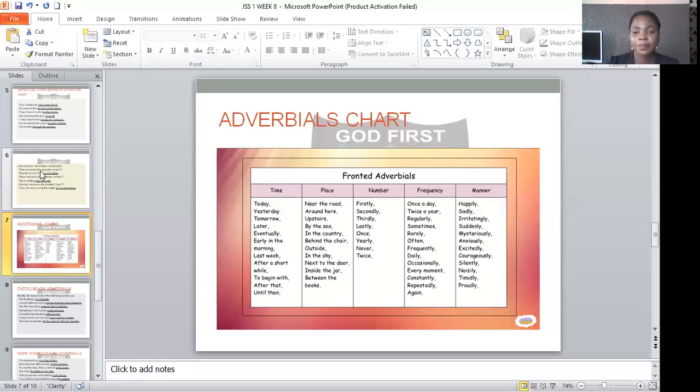And manner here, how did an action happen? Happily, sadly, irritatingly, mysteriously, anxiously, excitedly, courageously, silently, noisily, timidly, and proudly. So this is a brief chat on adverbials.